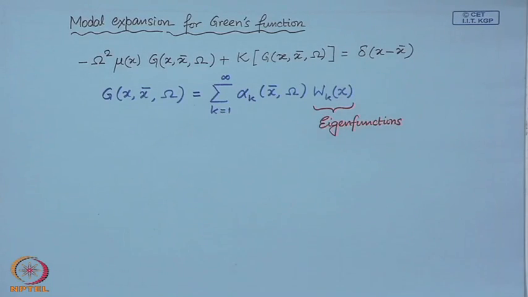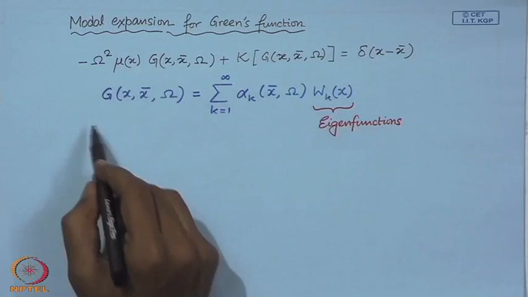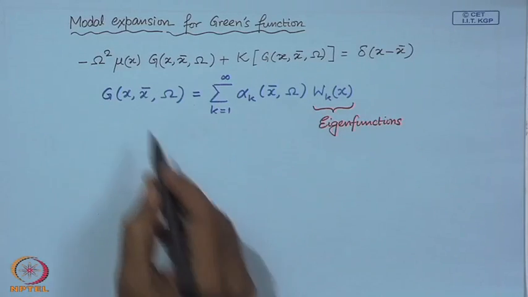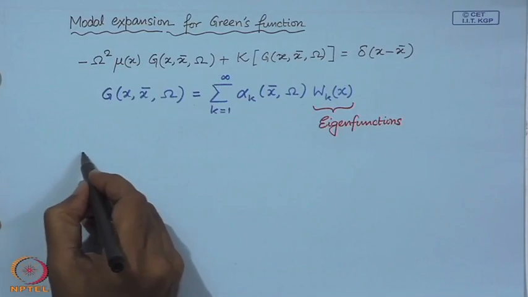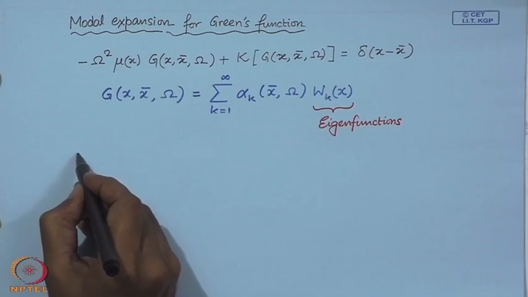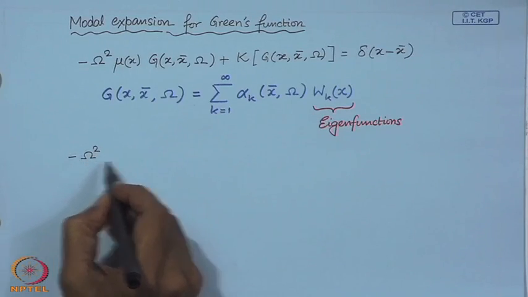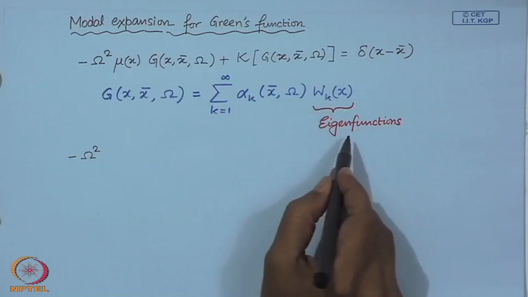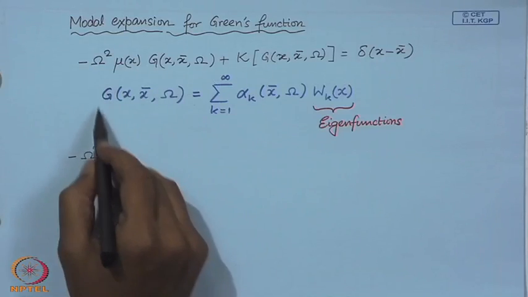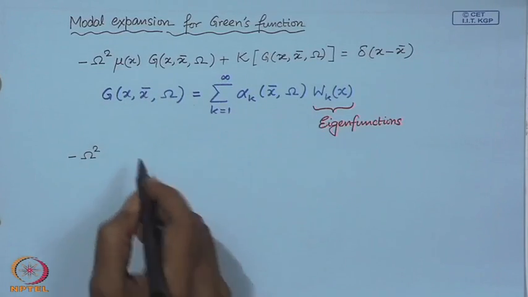So, the eigenfunctions of the unforced problem that we have already solved. So, if you substitute this expansion in the differential equation of the boundary value problem, then remember that these eigenfunctions already satisfy the boundary conditions. So, therefore, the Green's function is also guaranteed to satisfy the boundary conditions of the problem.